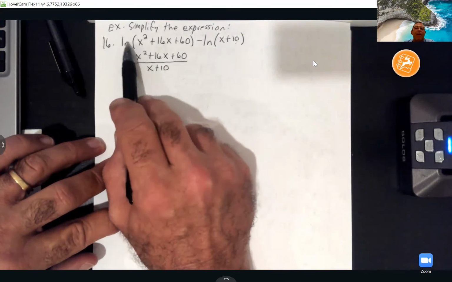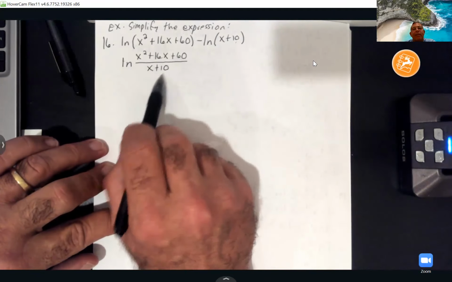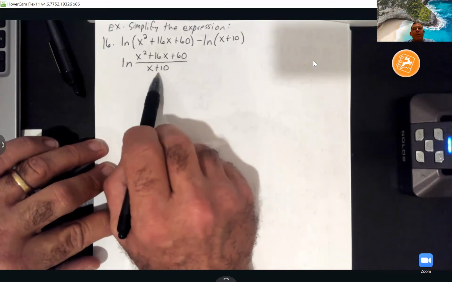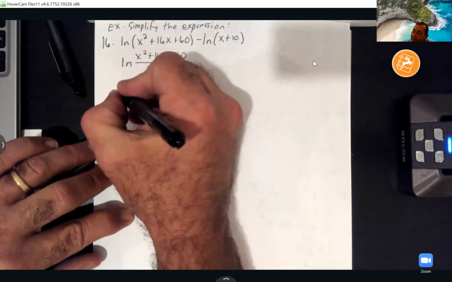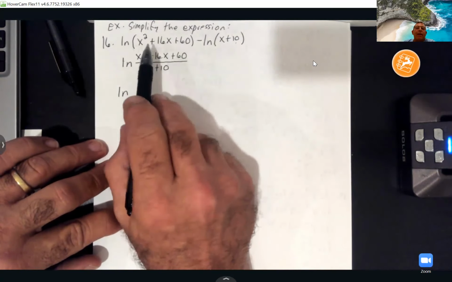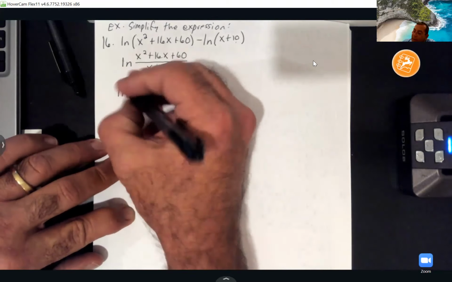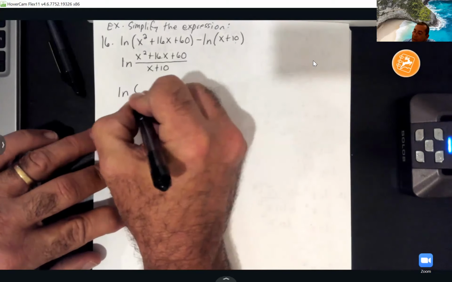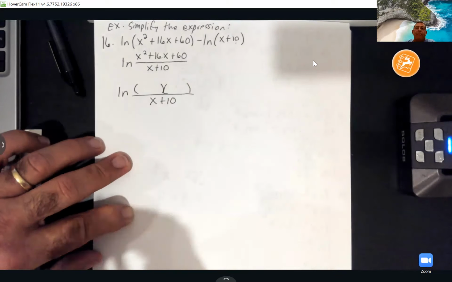The positive factor went to the top. So we need to try to see if we can simplify this. And the only way to know if this will simplify is to factor that top. Because remember, to cancel the x plus 10, I'm going to have to get an x plus 10 as one of these factors on top. So let's see what we can factor the top into, because at the moment, we can't do anything with the x plus 10 on the bottom.